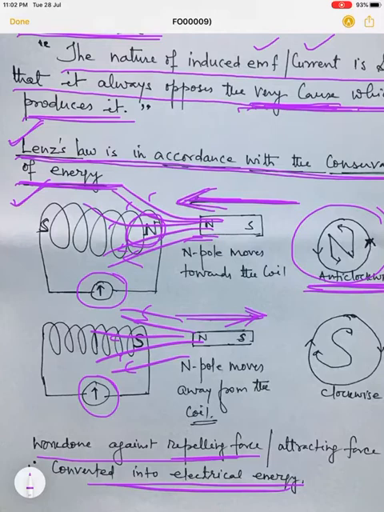So the induced current in the coil will be such that a south pole is made here, and this south pole induced is again opposing the north pole moving away from the coil. So it tries to attract the north pole and opposes the movement of the north pole away from the coil.